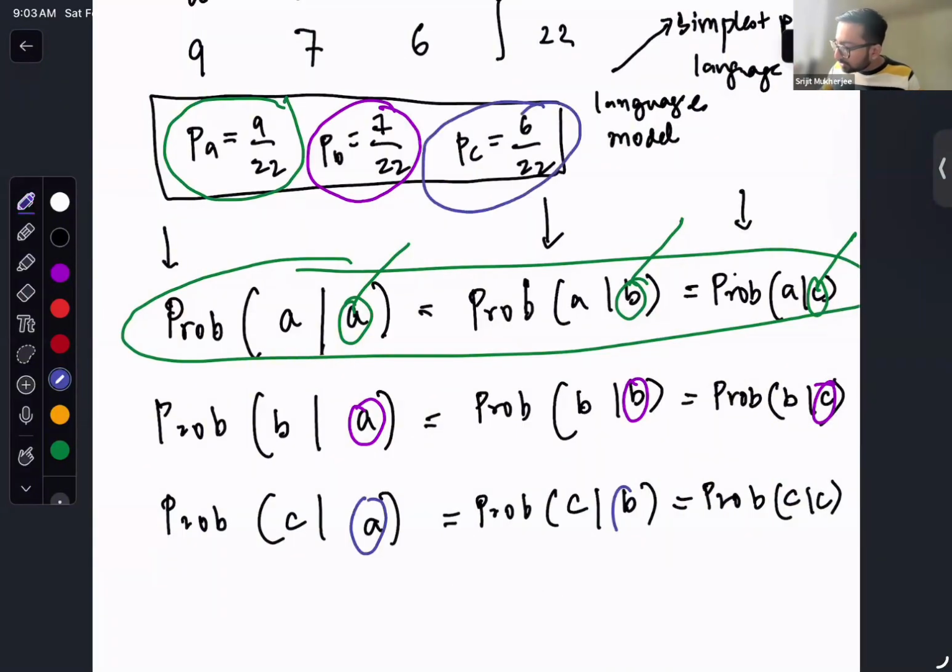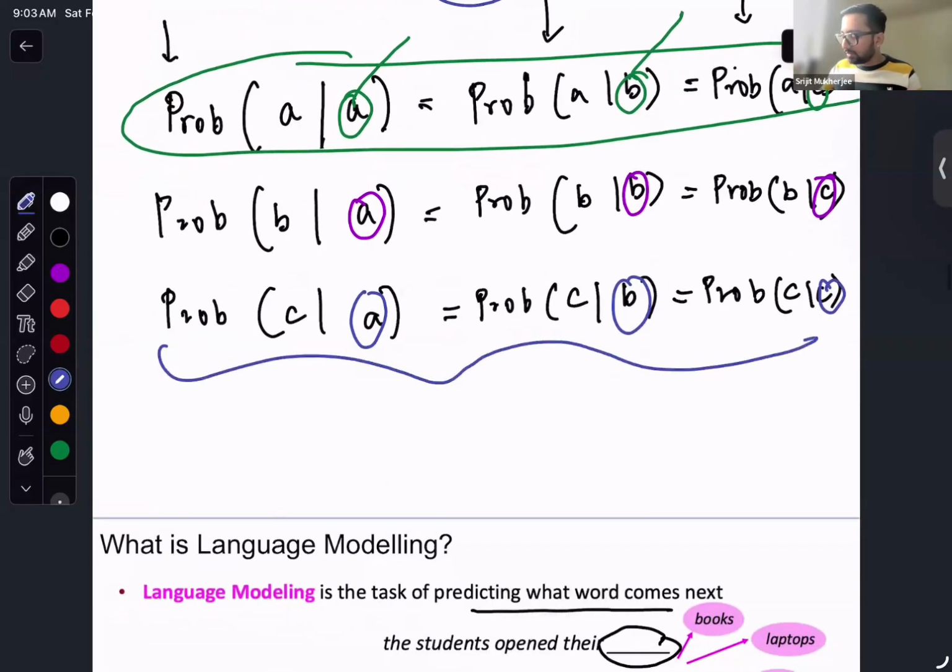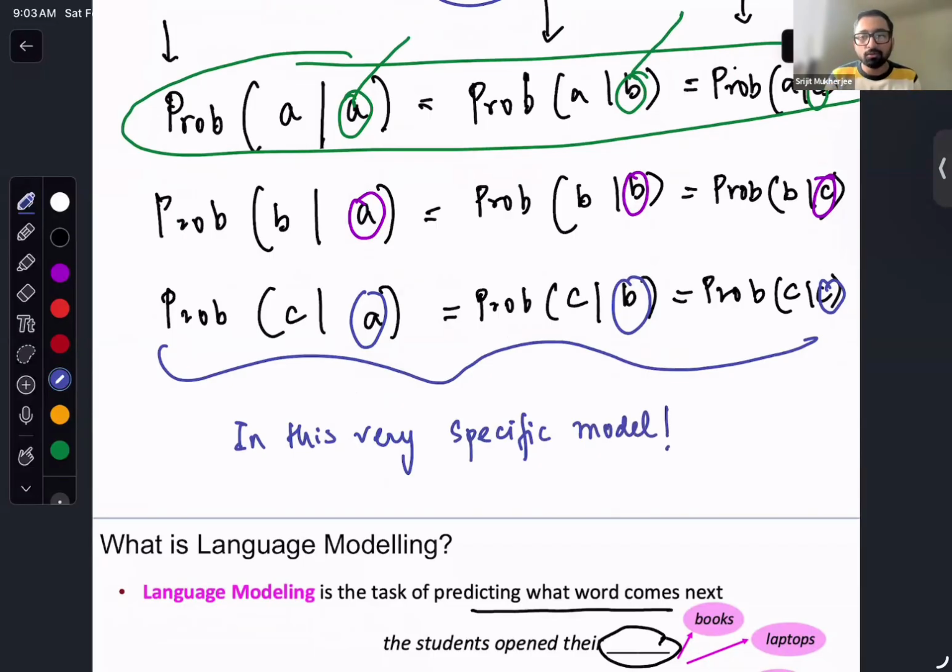The probability of C should be the same, in this very specific model. Does it make sense, all of you? Can you say yes or no, or give a thumbs up? It is very important before going to the next step.